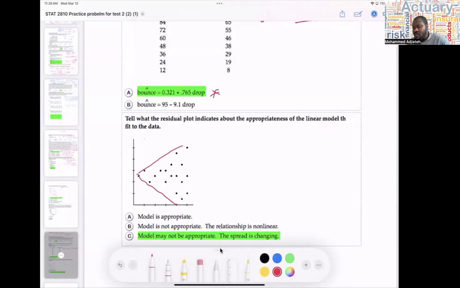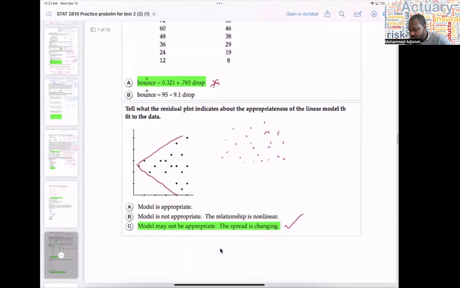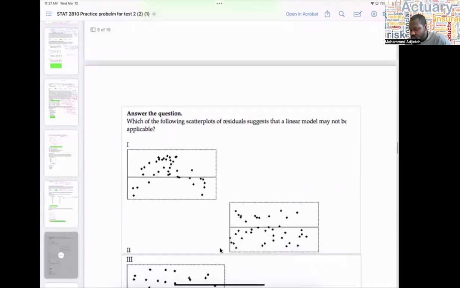We expect that the spread should be even, something like this. It's not, and we can also see that the spread is changing. So that is how to answer that problem. Let's proceed here.